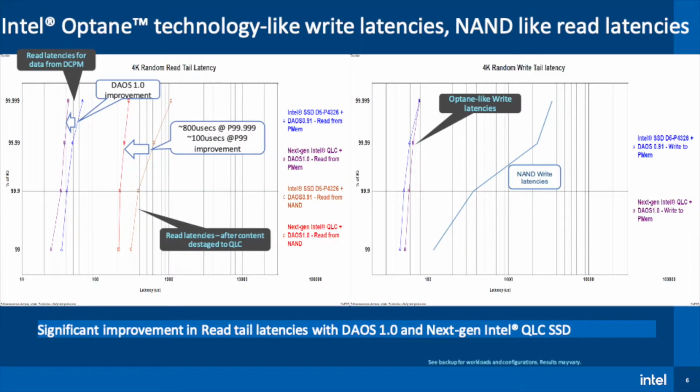So moving on to quality of service, the end user goal for us is to have Optane-like write latencies and NAND-like read latencies. What you're looking at is the tail latency chart with latency percentile on the y-axis and latency in microseconds on the x-axis. The latency percentile indicates that a given percent of I/O was below the charted latency value.